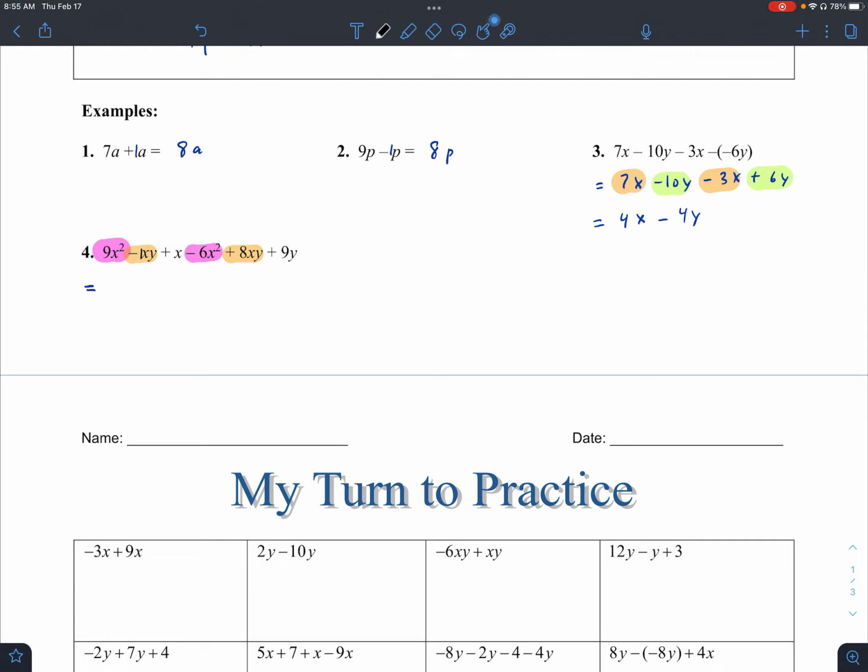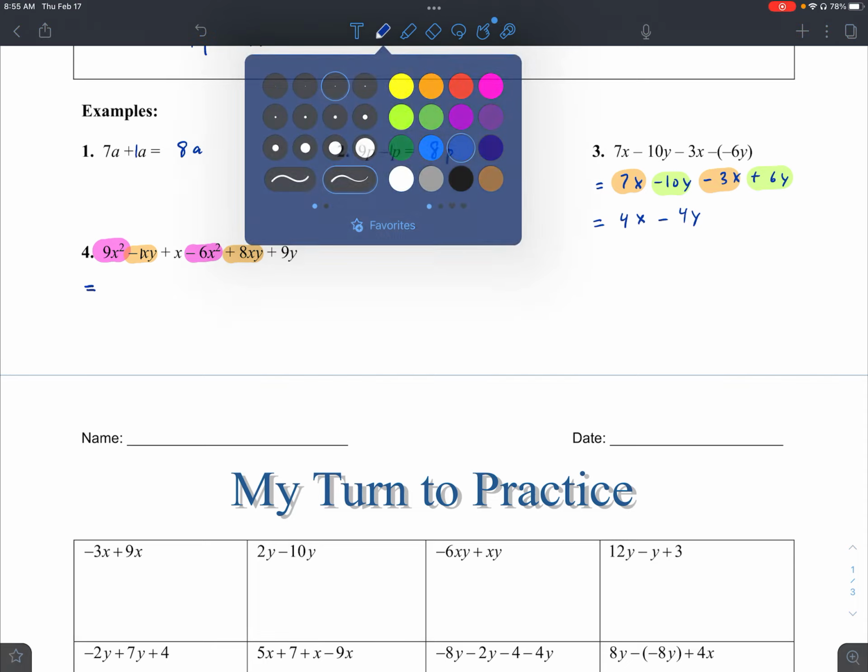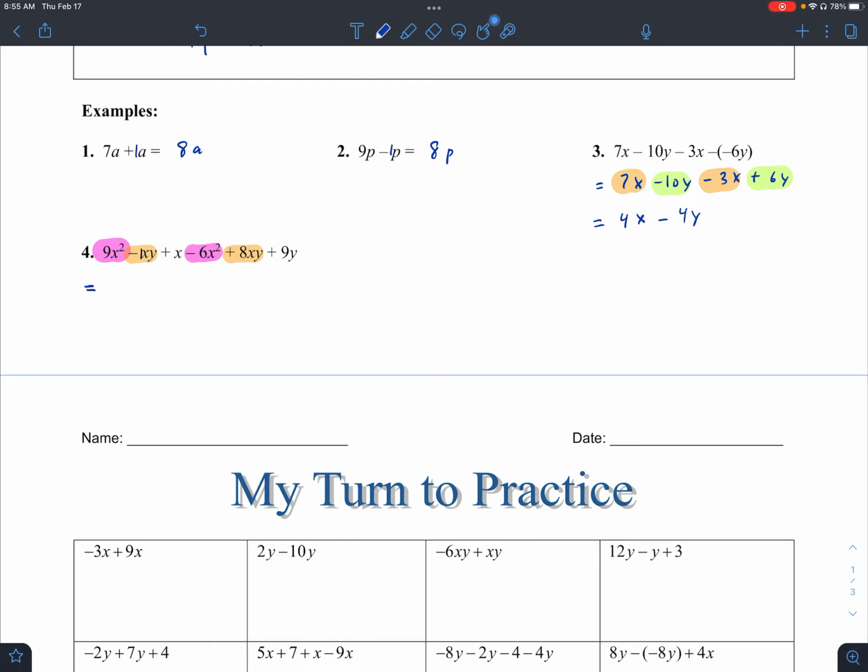Now, we also have terms that are not like terms at all. So x and 9y cannot be collected. And they're also not similar to the other terms. So now we can collect the like terms. So 9x squared minus 6x squared, we can subtract the 9 and the 6, giving us 3x squared.